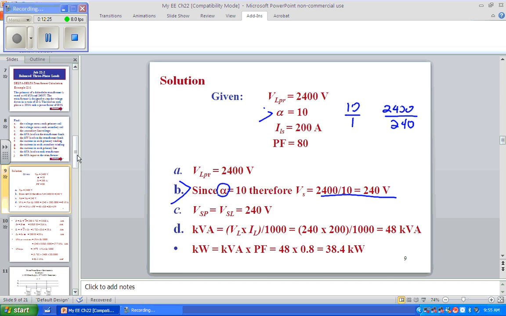It tells us a primary power. No, it tells us a current. So we have a secondary current, and our formula, let's put our formula up here.